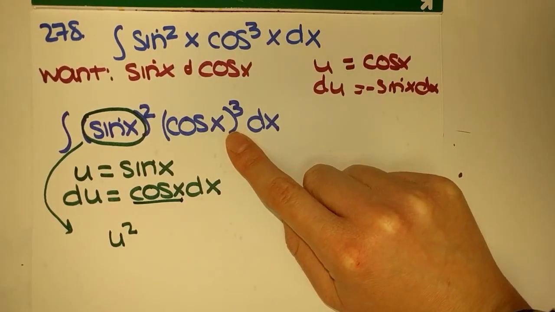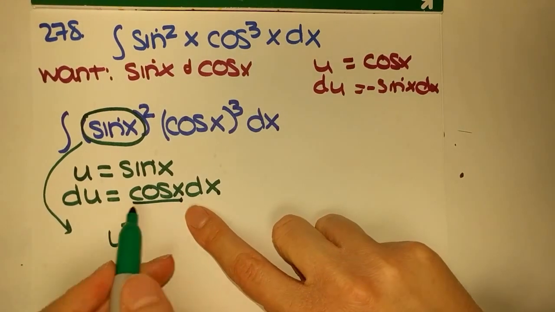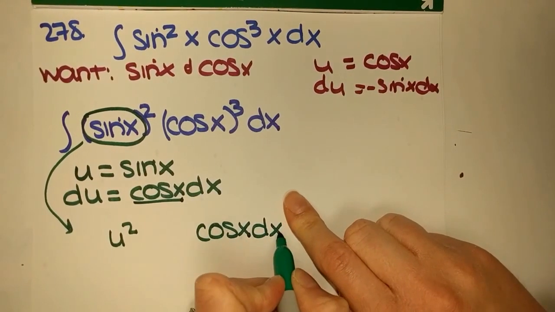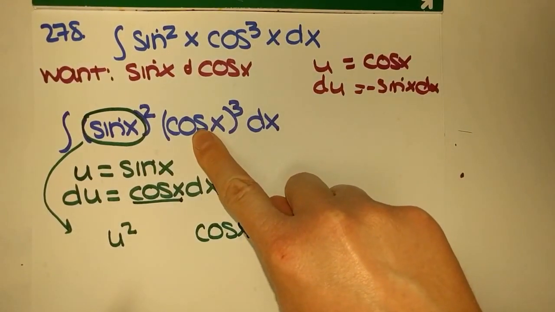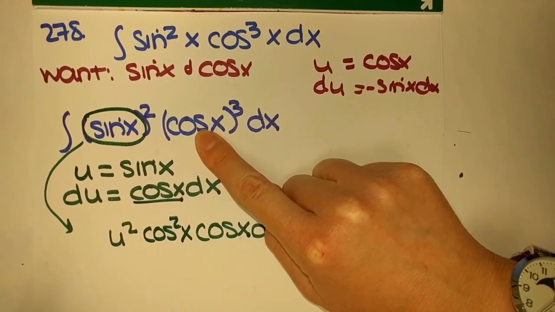And so there is where we can split apart this cosine x to the third power. For our du, we only want a cosine x dx. So if we take one of the cosine x's out of here, that leaves us with two cosine x's left over.